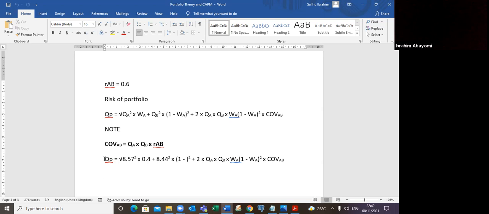So I can assess the risk of my portfolio, meaning that I want to measure the total risk of all my investments. One risk for all my investments. That's the risk of the portfolio.